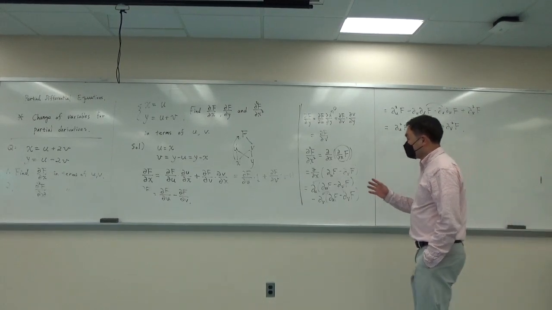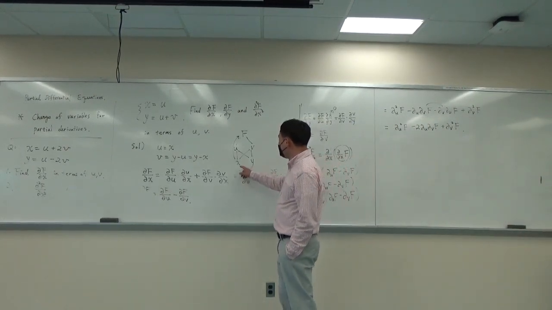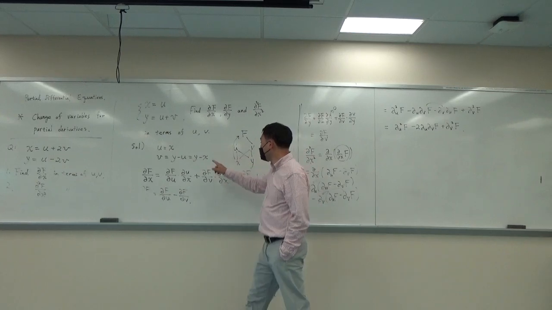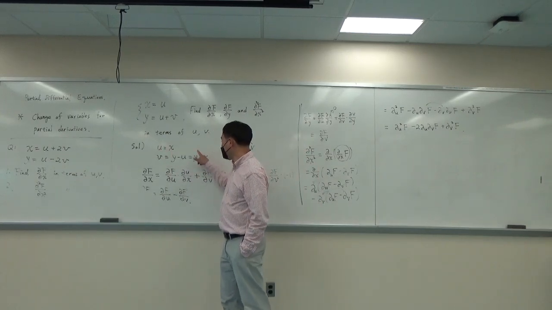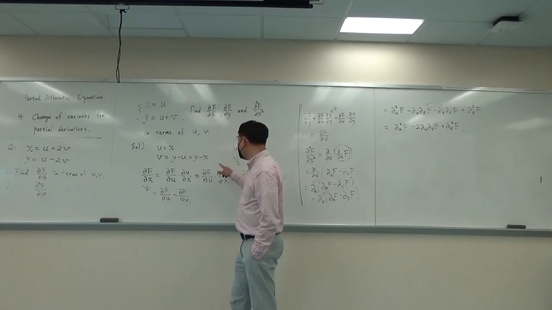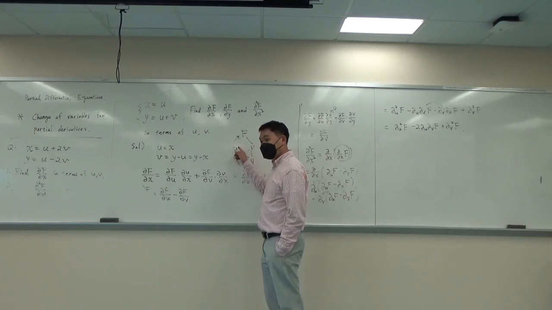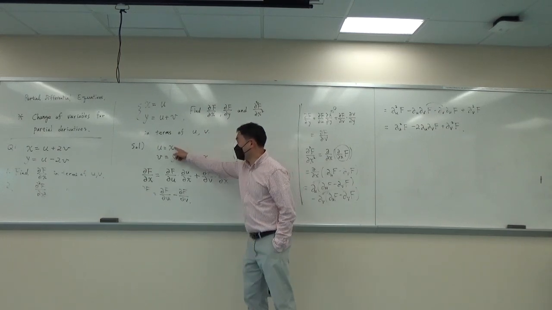So I got a question, why changing x affects both u and v. And the answer is, if you look at u and v, they both have x's in there, right? So if you alter the x, it will change the value of u, and it will also change the value of v, because they both have x's in there.